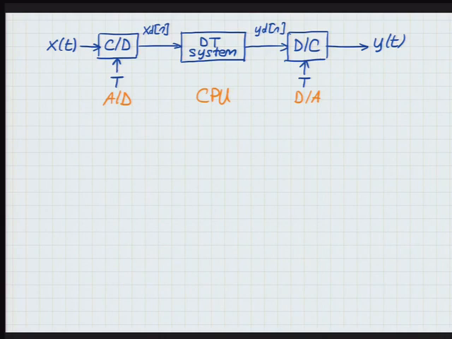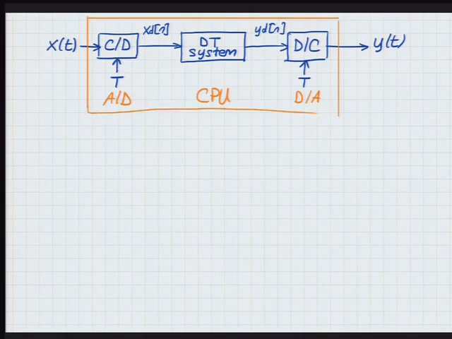So the question is, could I view this whole combined processing of x into y as some kind of continuous time linear time invariant system when put together? If I forget about what's exactly in the box, could I say this acts like a continuous time LTI system?